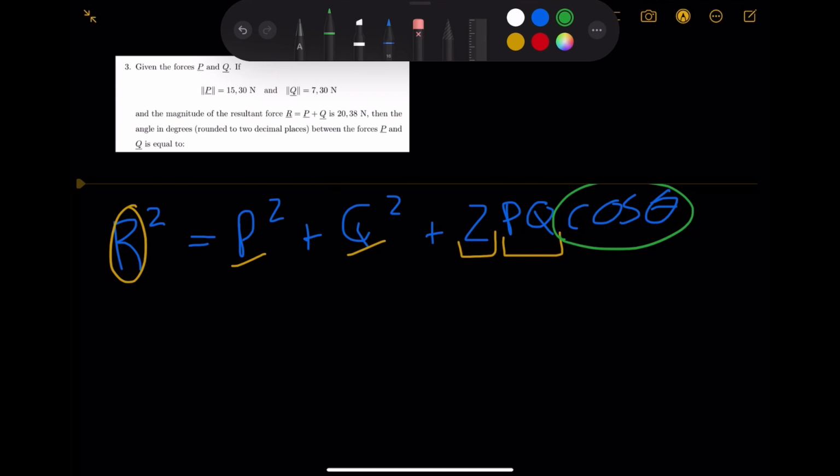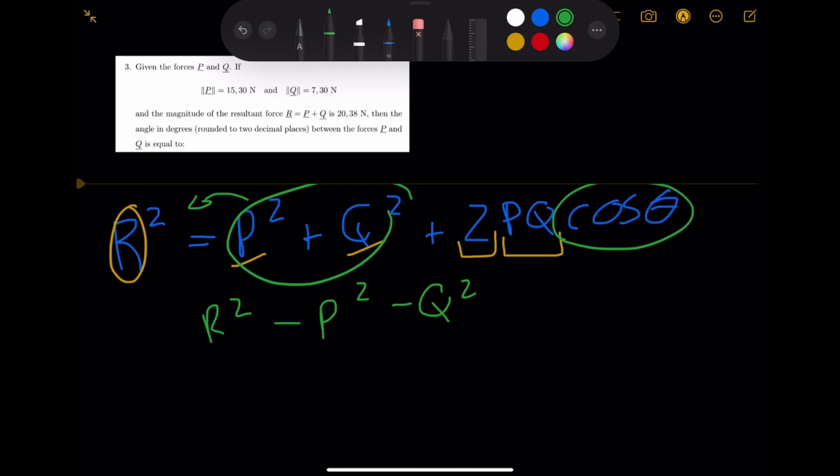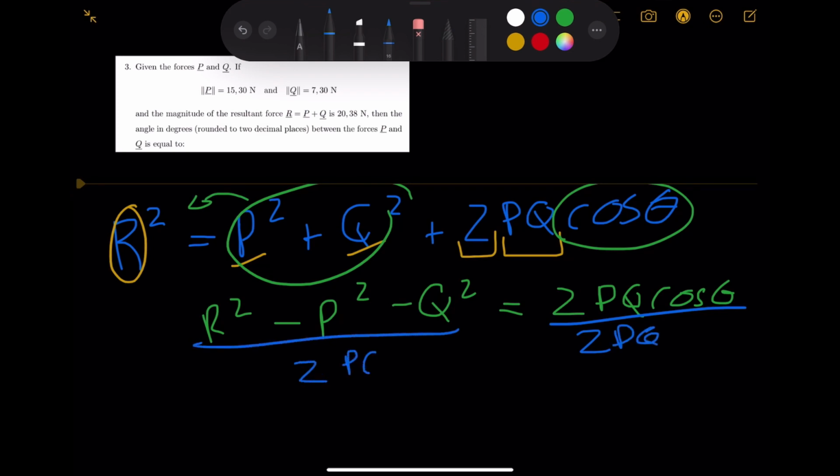So if you rearrange this equation, you would take these two to the other side. So R square minus P square minus Q square. Remember, when you take positive things to the other side, it becomes negative, is equal to 2PQ cos theta. And then we would just divide by 2PQ and 2PQ.